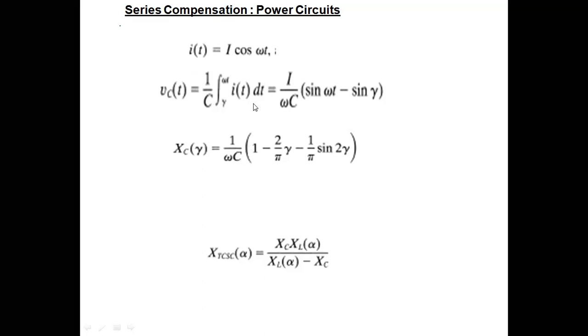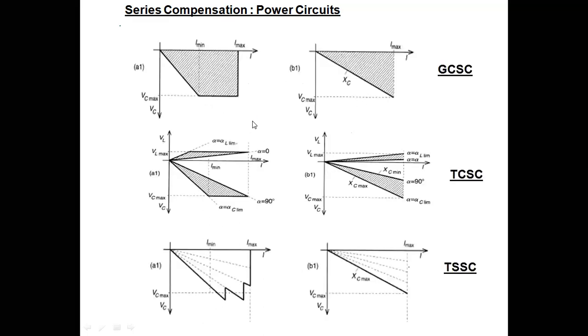Now it is voltage, and these are the VI characteristics of all three, GCSC, TCSC, and TSSC. We cannot control TSSC, so its shaded portion won't be there. It is operated only on these lines, for the voltage control mode and reactive control mode. Whereas in TCSC, you can see that the reactance can be either inductive or capacitive. That is the advantage of this TCSC.